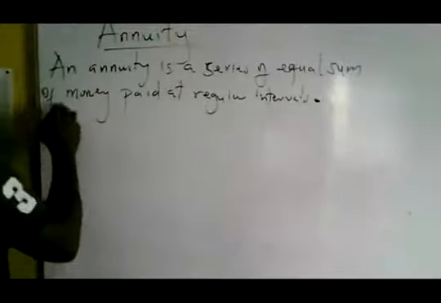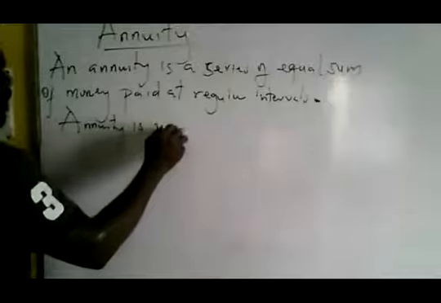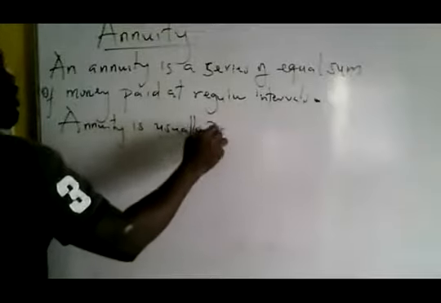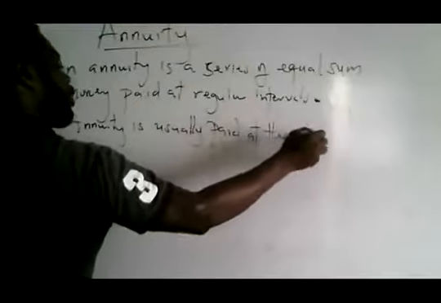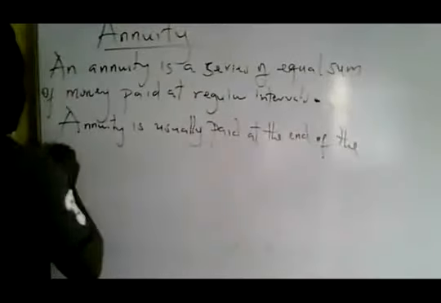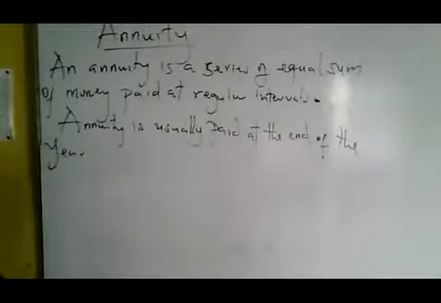An annuity is usually paid at the end of the year. So if I receive an annuity of 10,000 naira, that means I'm being paid 10,000 naira every year, at the end of every year.